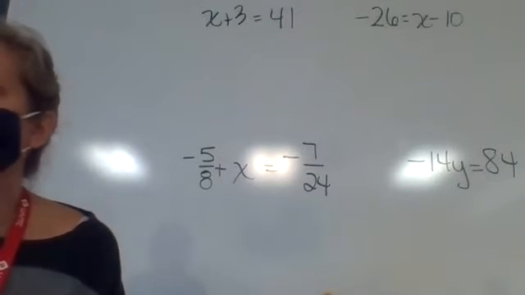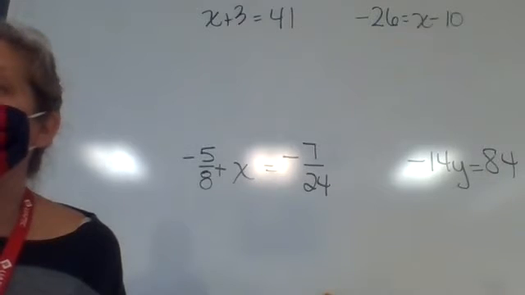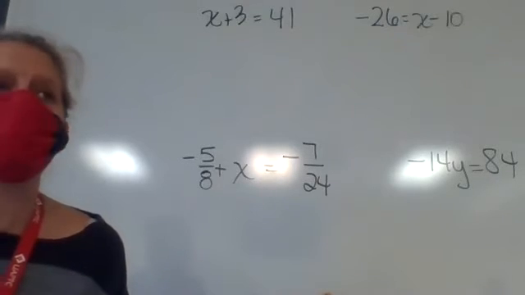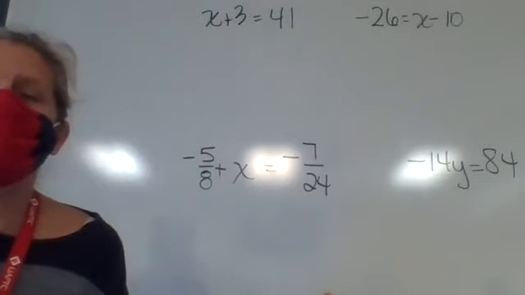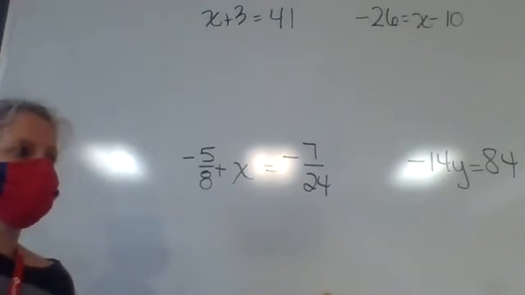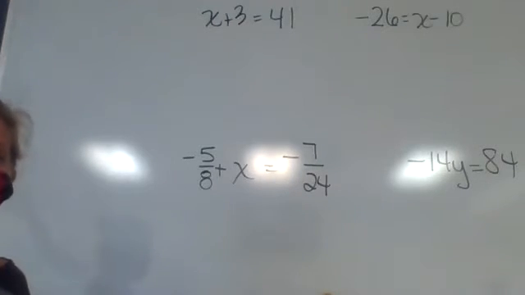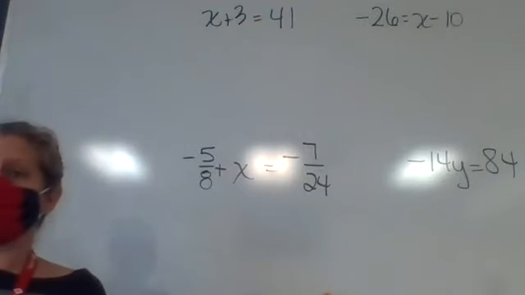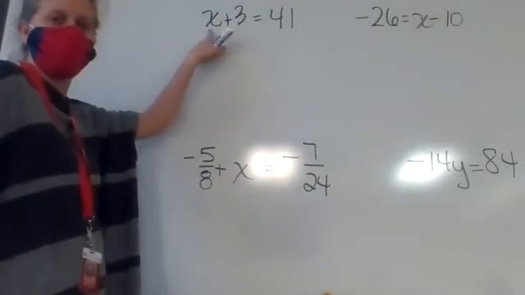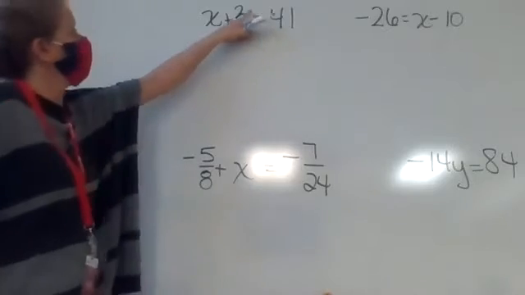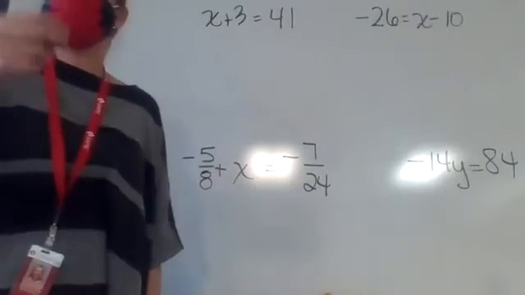So the way that you solve the equation is whatever is with the X, you want to remove it in order for the X to be alone. And the way that you remove numbers is you just do the opposite of what it's doing already, which means if I want this X here to be alone, I need to get rid of adding 3.